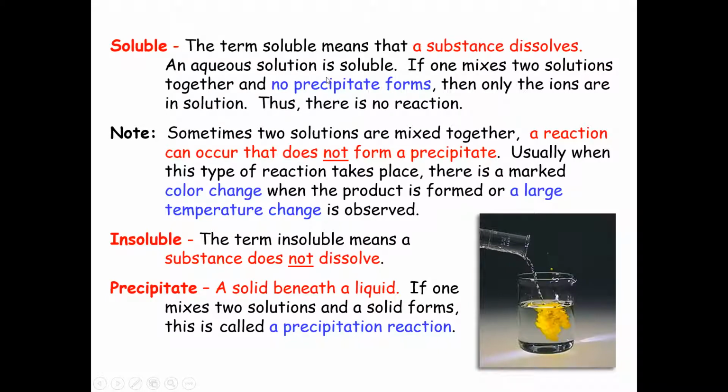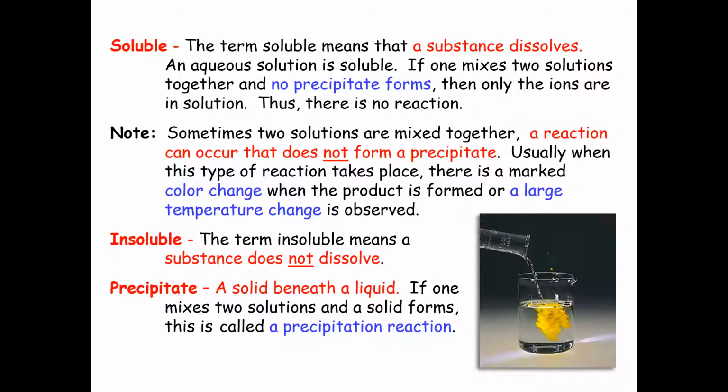For example, if you are dissolving salt in water, initially you can see the crystals of salt, but when you dissolve those crystals in the water, that means the salt is soluble in water. So an aqueous solution is soluble if one mixes two solutions together and no precipitate forms, only the ions are in solution, thus there is no reaction.